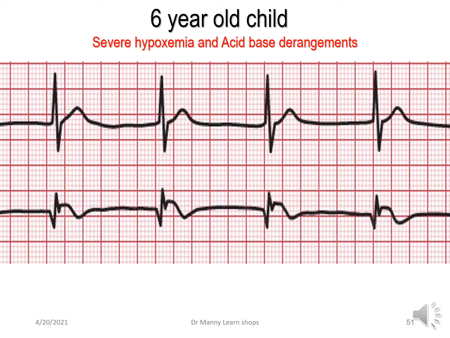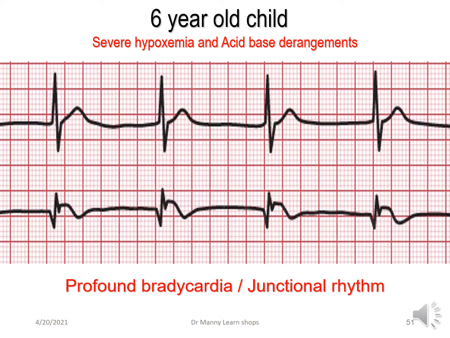And it seems to be slow. This is a profound bradycardia, a junctional rhythm. The P wave is hidden in the QRS complex, but it's a junctional rhythm. The rate's approximately 40 beats per minute in a 6-second rhythm strip.